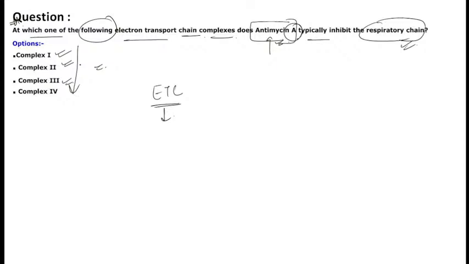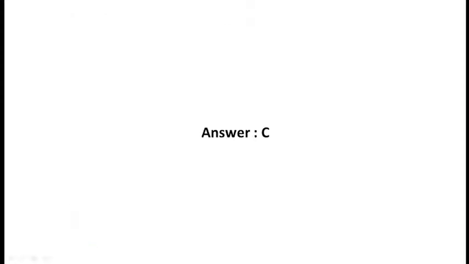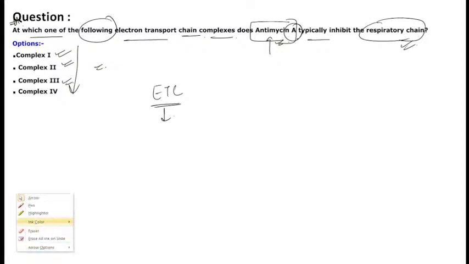Okay, most of you are marking the answer as C. Some of you are marking the answer as option number A. Let's check. The answer for this particular question is option number C, that is complex 3.